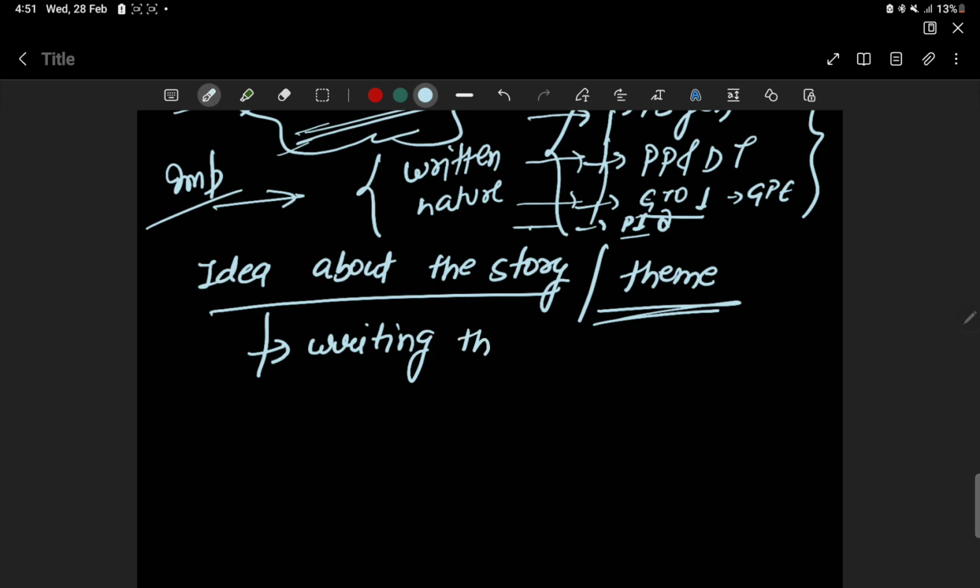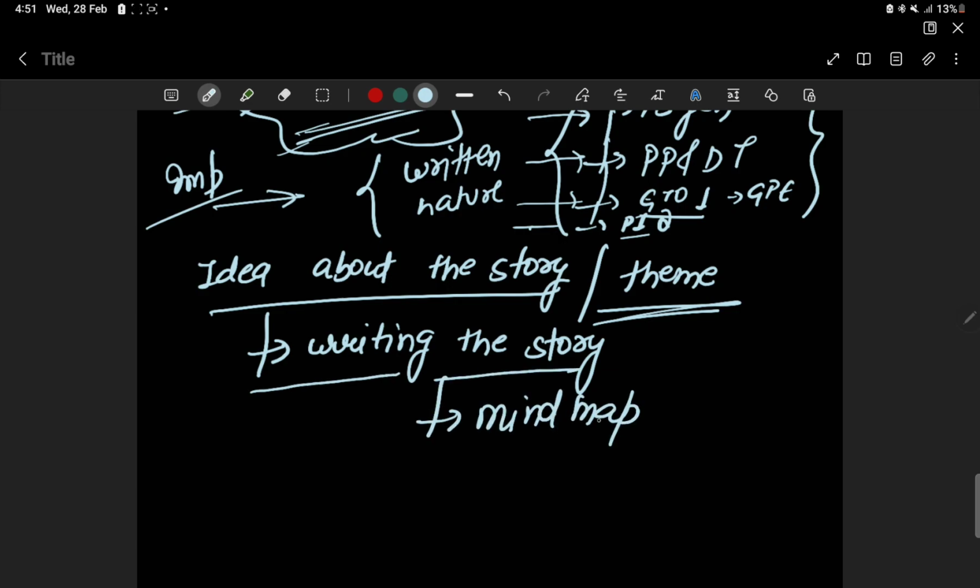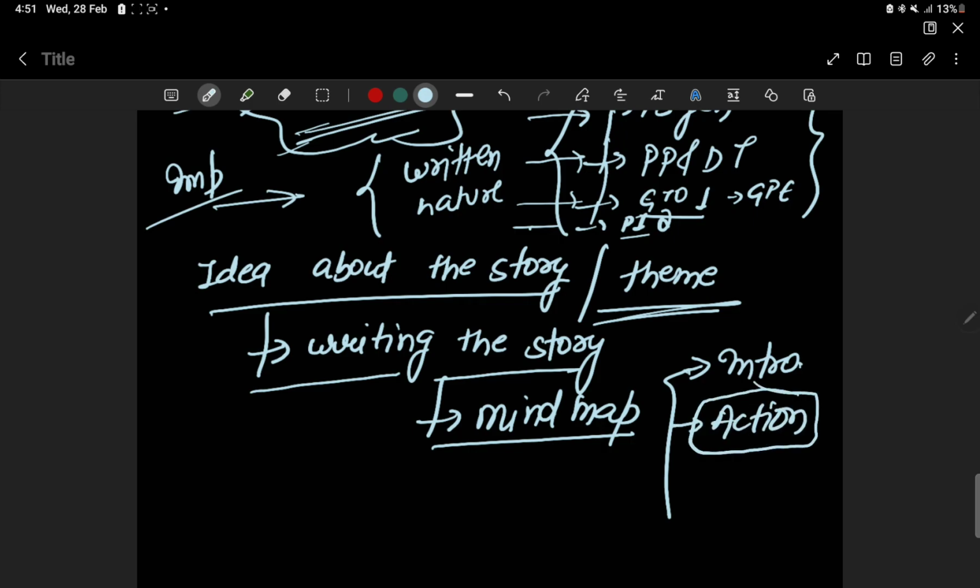Before writing the story, you should make a mind map of what you are going to write and what should be the introduction of the story, and actions. Now this action part is very important, and outcome.